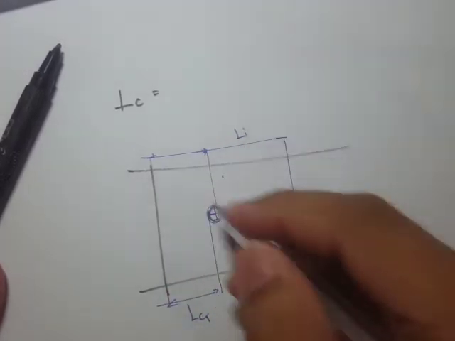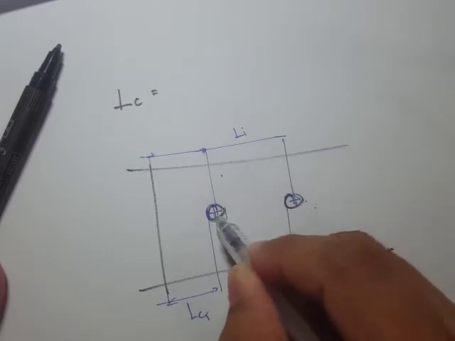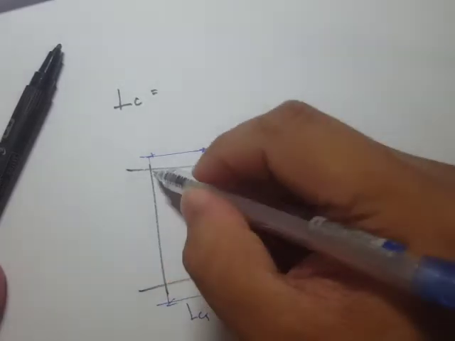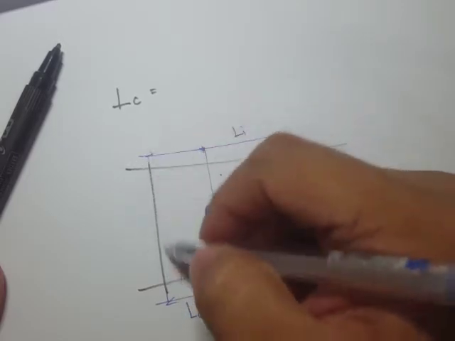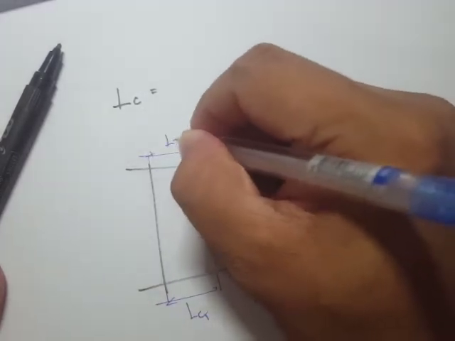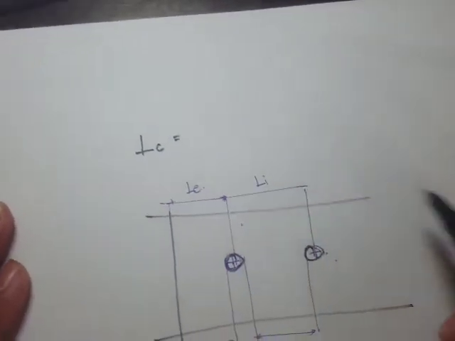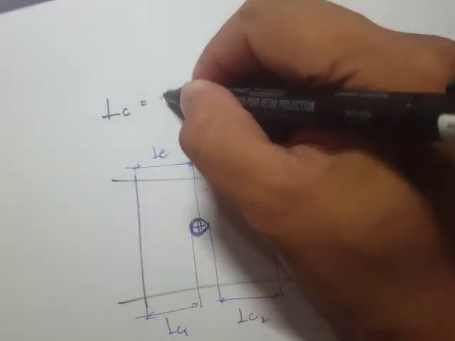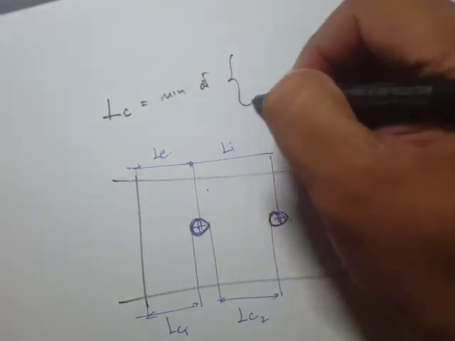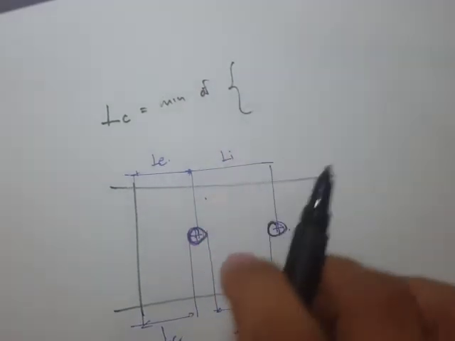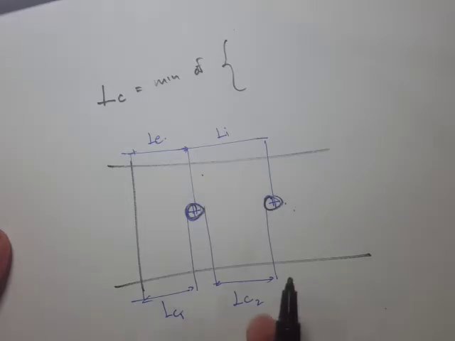So let's say that's Li, and this distance from the center of the bolt hole to the exterior portion of the plate, let's just say that's Le. So the clear distance is actually the minimum of these two distances.